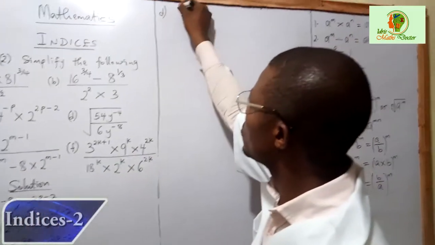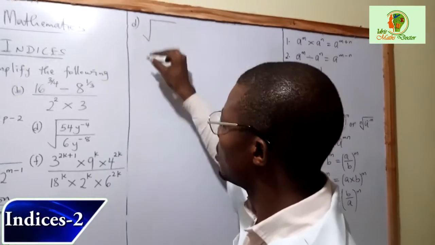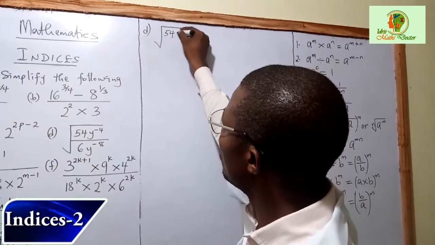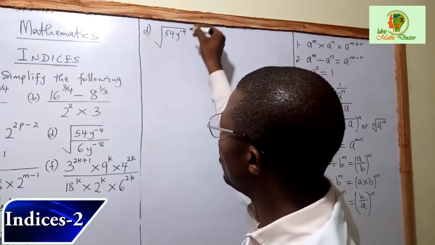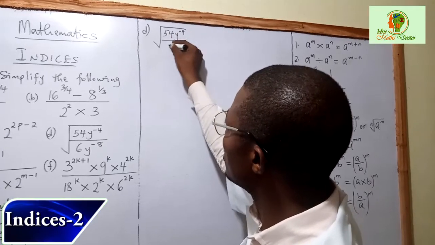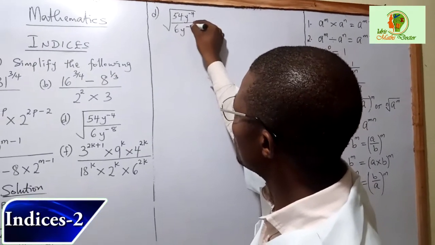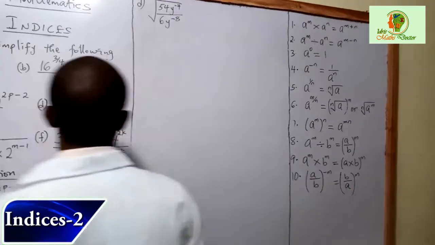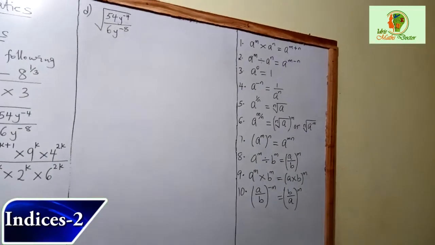In question D, we have the square root of 54 y raised to power minus 4 all over 6 y raised to power minus 8. Okay, that's the question. What are we going to do here?